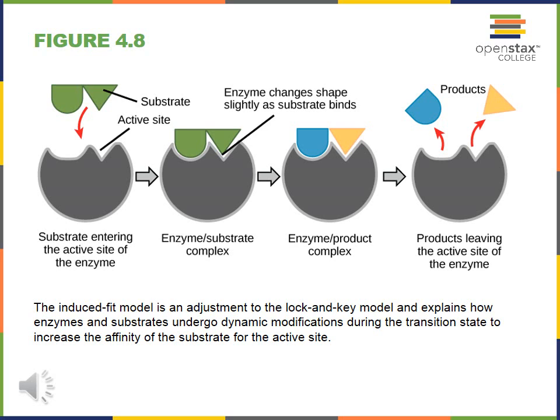Now you'll notice that that half circle is a little bit taller in depth than the half circular area on the top of that active site. It's not quite as deep. It's pretty shallow. Well, this is where this induced fit model comes in.